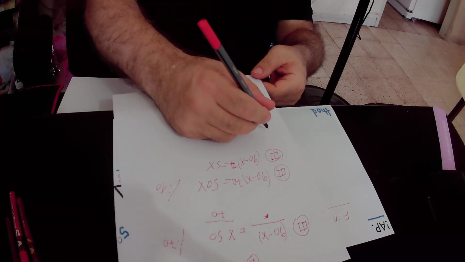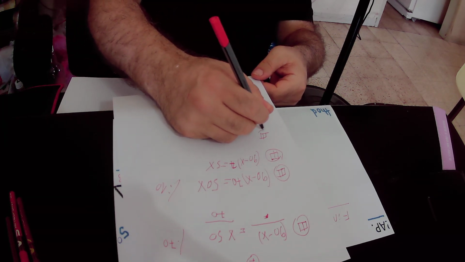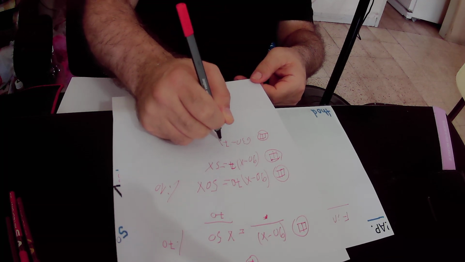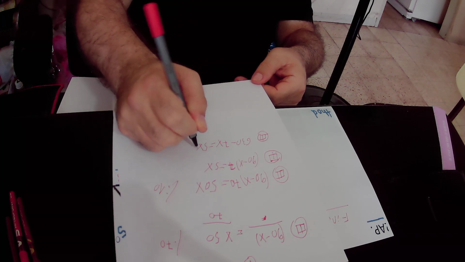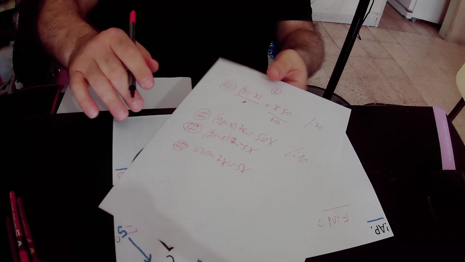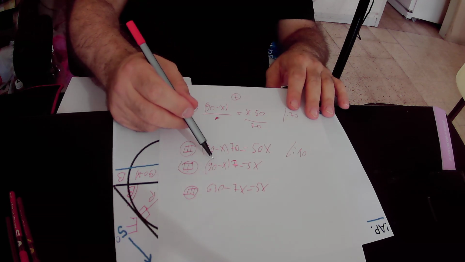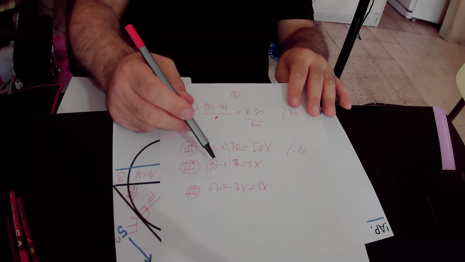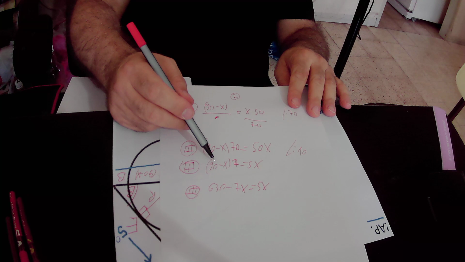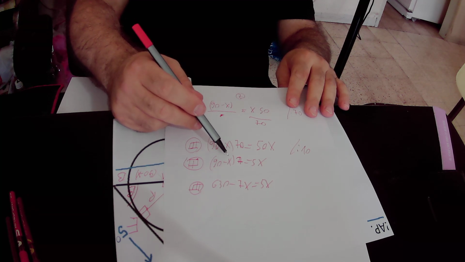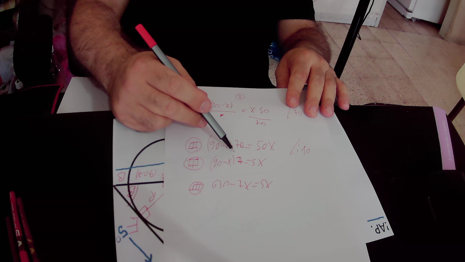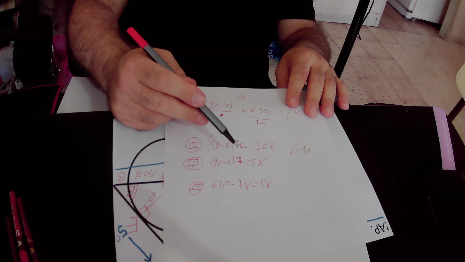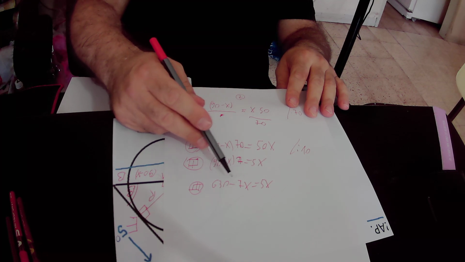We'll get that 90 times 7 equals 630, and minus 6 times 7 equals minus 7x. Here we have 5x. Here we will add 7x to both sides of the equation.